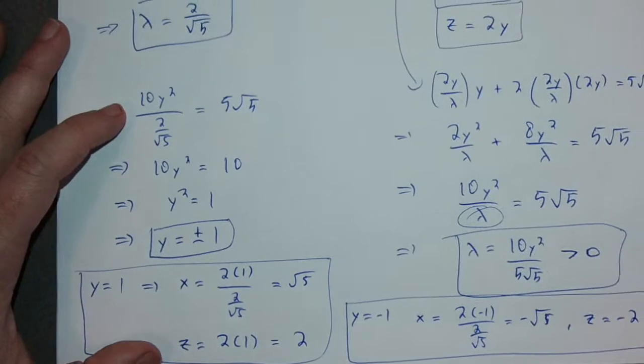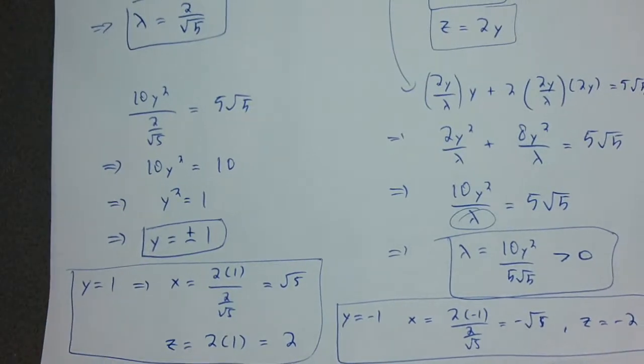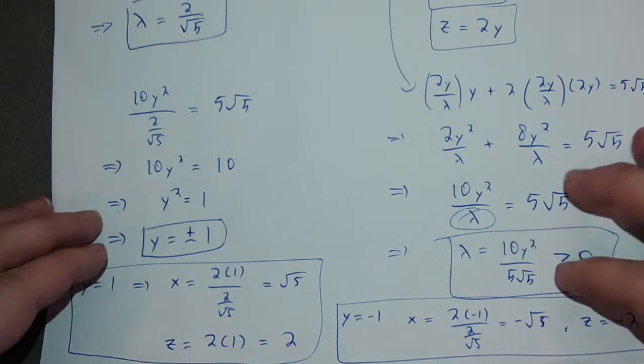So I get 2 points that belong to this surface that supposedly either minimize or maximize the distance. The only 2 points that are possible are these ones. Now, I could actually just plug them in here.